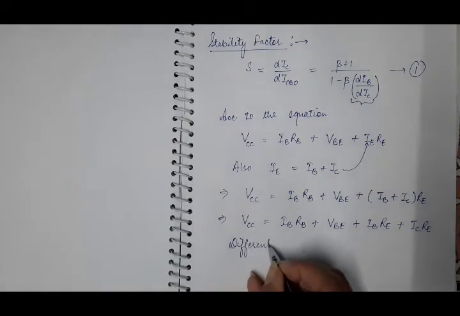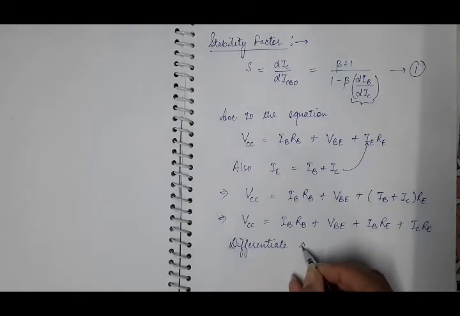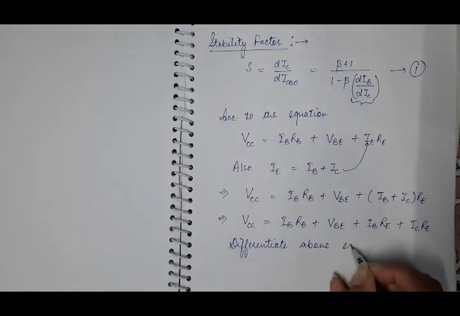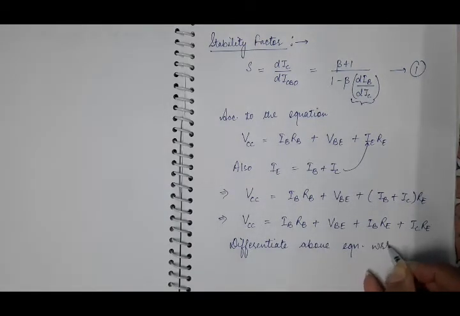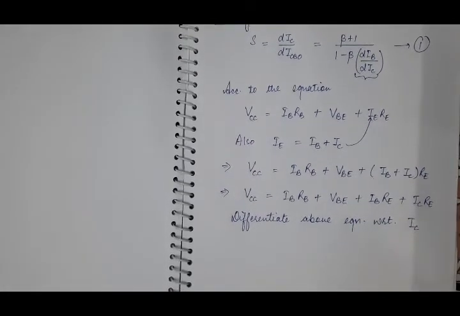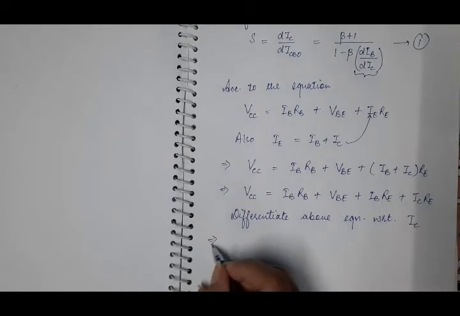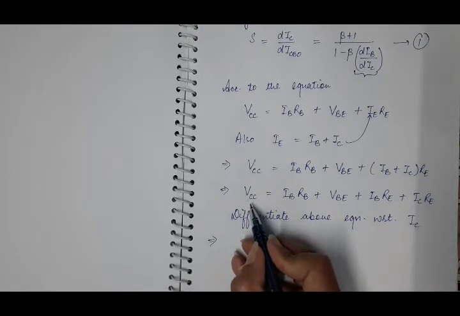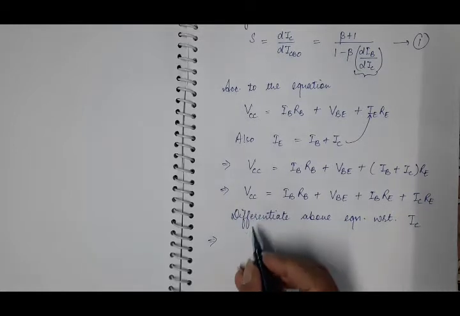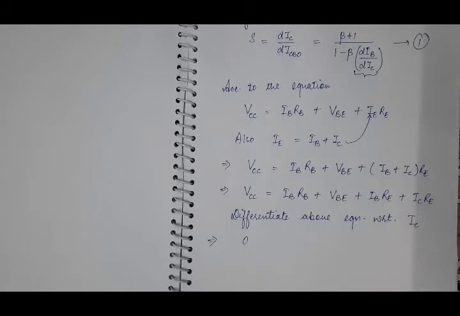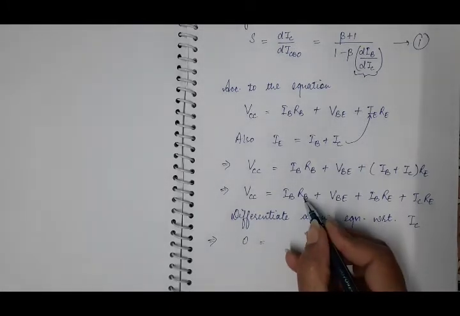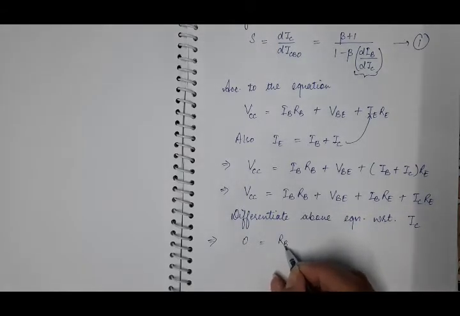Differentiate the above equation with respect to IC. What we will get? VCC is constant throughout the use, so its differentiation with respect to IC will be 0. RB is constant, fixed throughout the use, so it will be RB dIB by dIC.